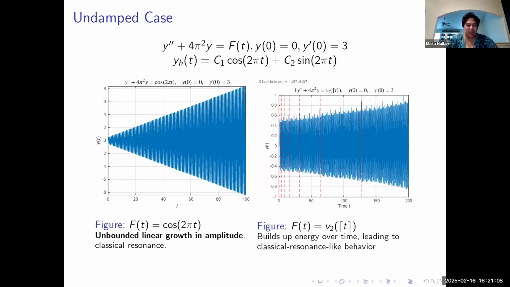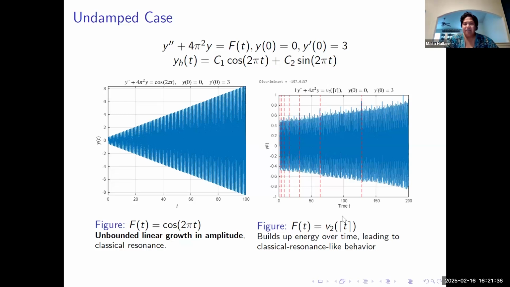Okay, so we see here that we have unbounded linear growth in amplitude. So when the frequency of the driver or the forcing function matches the natural frequency of the system, then observe here that the magnitude of the solution or of the response is growing in an unbounded way. Okay, we also call this resonance.